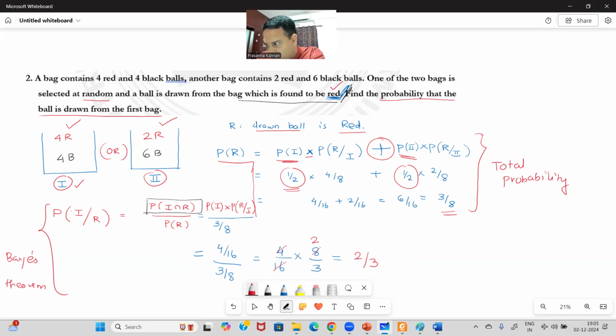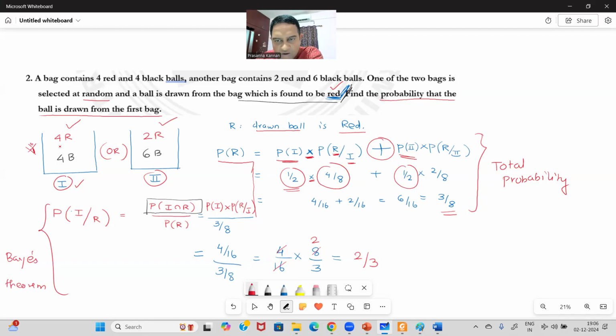Yes. And when I say and, what do we do? Multiply. And now I'm going to select the red ball, given that I've selected the first bag. Now in the first bag, what is the probability of selecting a red ball? 4/8. Exactly. That's what I've written here. Is that clear to you? Yes, sir.